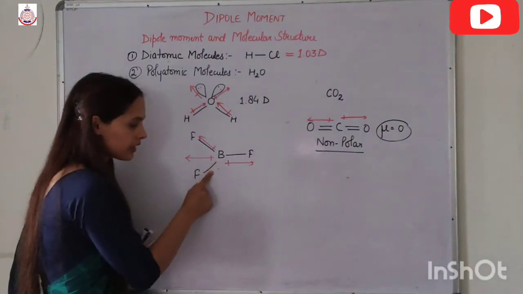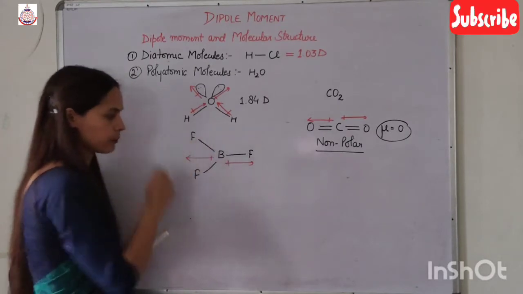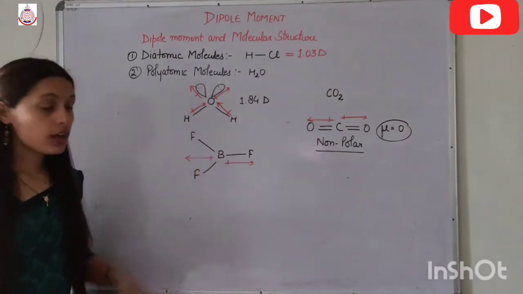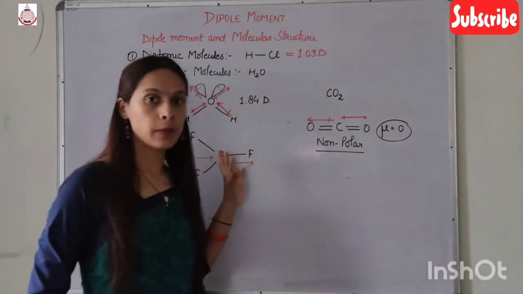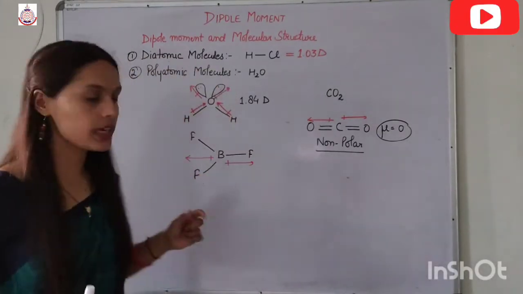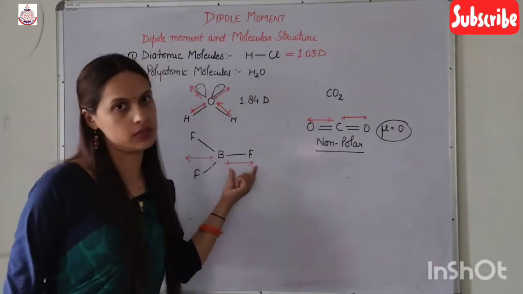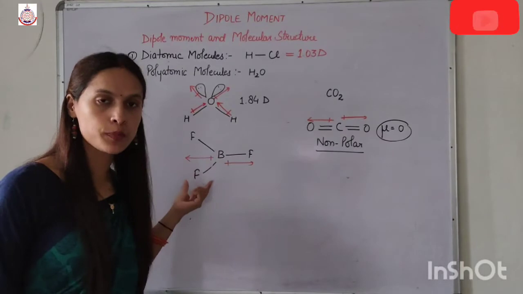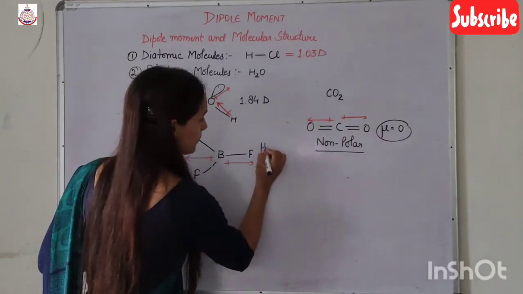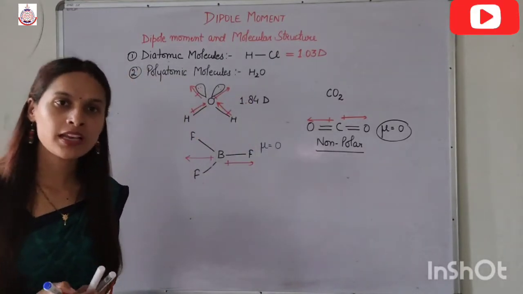This is the resultant dipole moment of these two boron-fluorine bonds. And because the compound is surrounded by all bond pairs, the resultant dipole moment of these two is equal to this one, as a result of which the dipole moment becomes 0.